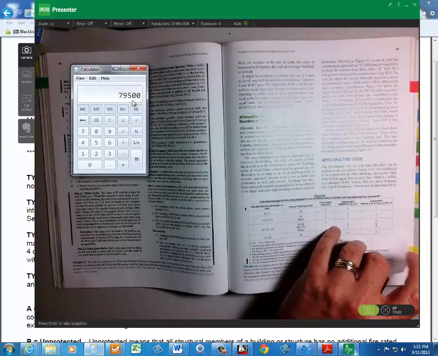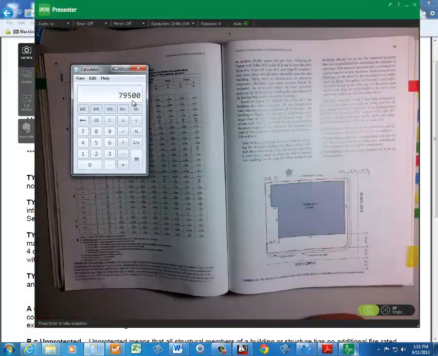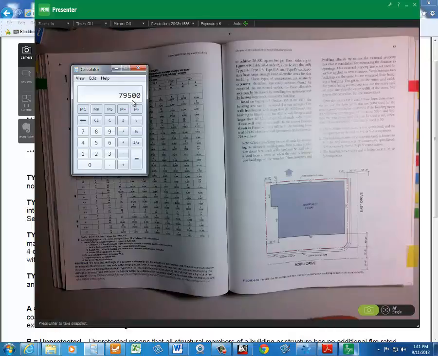List office buildings, type B. Now it is determined how to achieve 30,000 square feet per floor, referring to figure 4.9. We've seen that only type 1A, type 1B, type 2A, and type IV construction have large enough basic allowable areas. These types of construction are relatively expensive. Therefore, less costly answers should be explored.